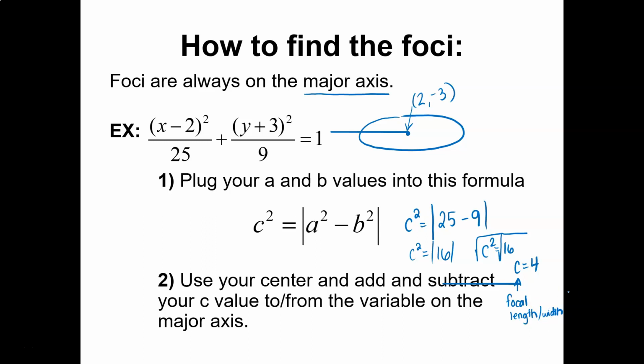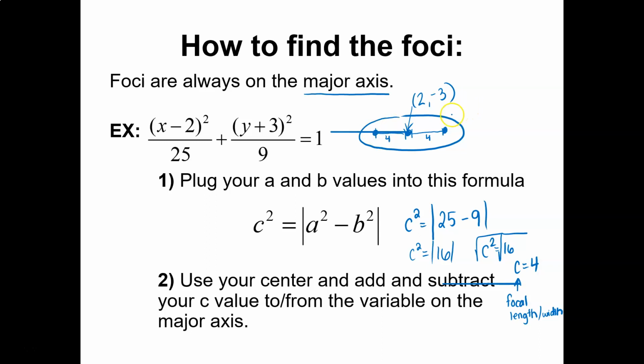It's the distance from the center to the foci. So what it tells me is from this center point, I would go to the right 4, and there would be a foci, or focus, and then I'd go to the left 4, and I would have a focus there as well.